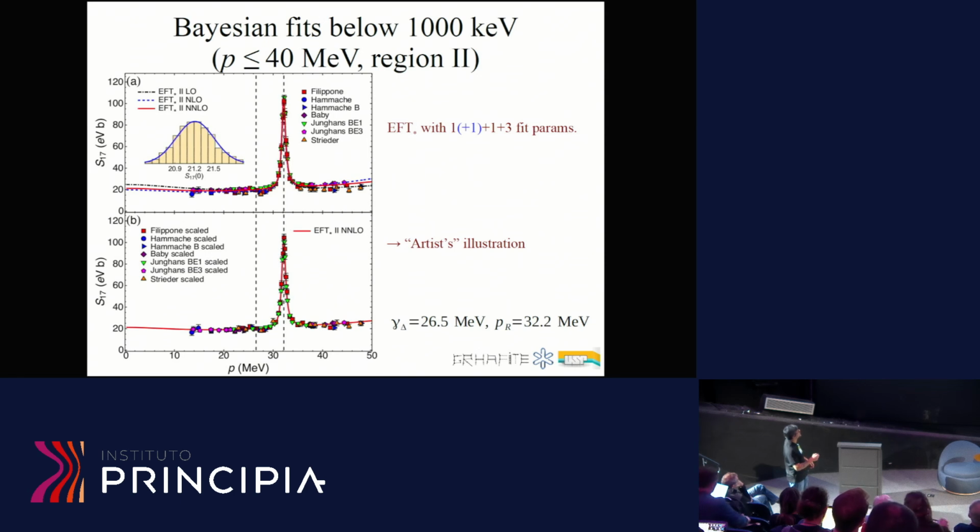And if we include this region of the resonance, we have one more. And this is at the next to leading order. So we have a total of 6 parameters, while the other EFT approach needs at least 7 parameters at NLO. So with this power counting, we are much more economical in terms of coupling constants that need to be determined by experiment, all right? And our convergence is even faster.